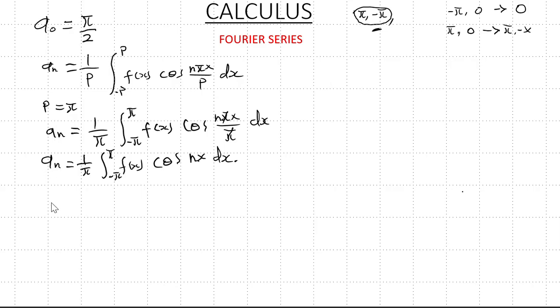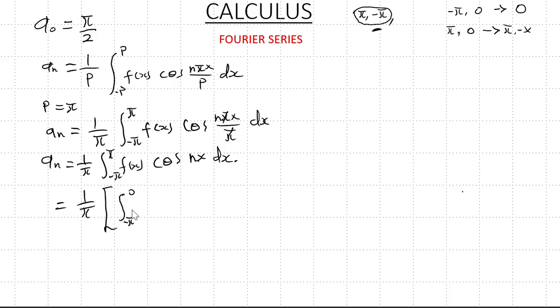So it now becomes 1 over pi, then bracket opened. We are considering the first one, the integral of negative pi to 0.